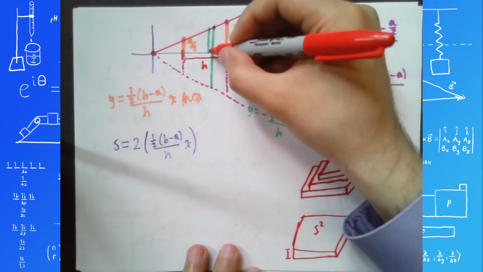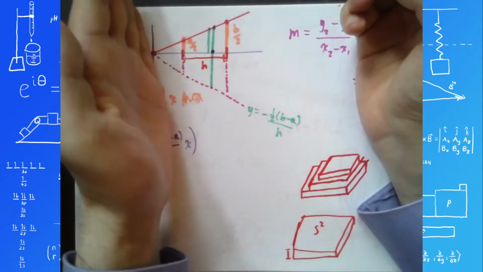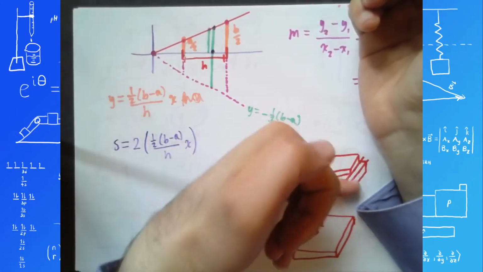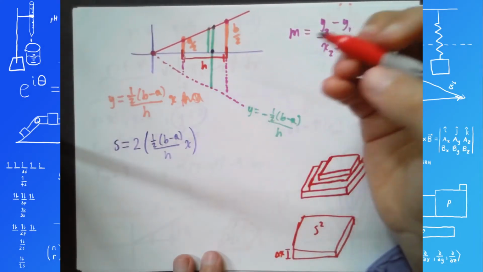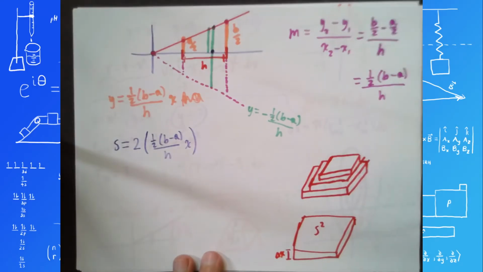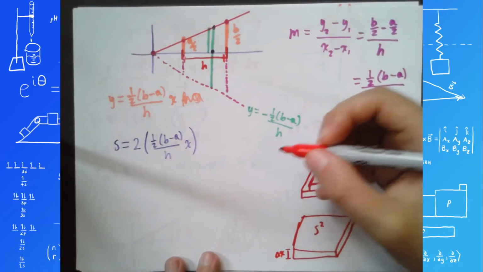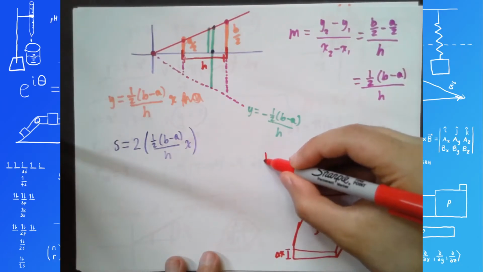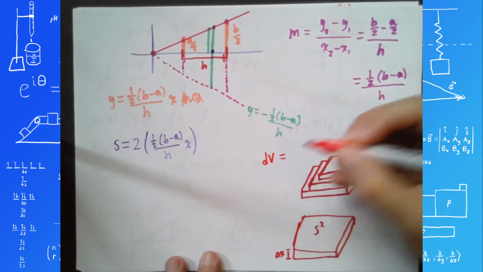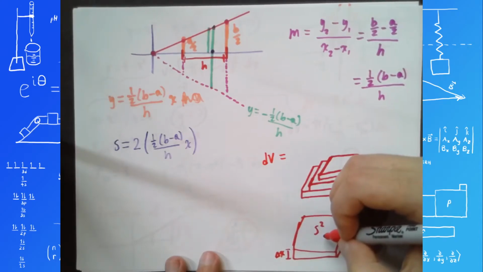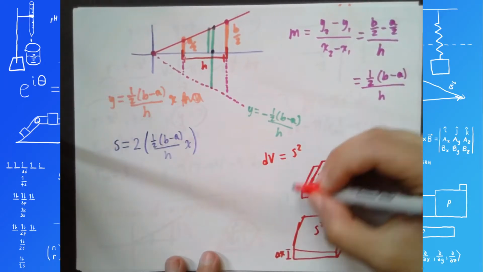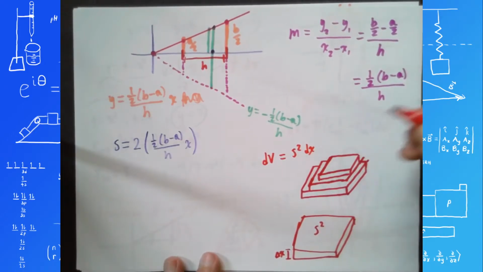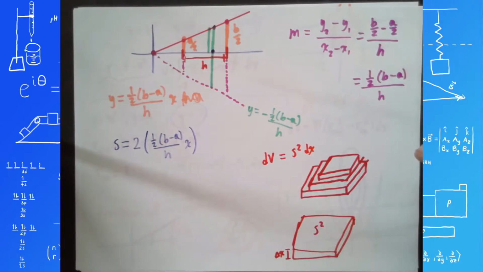Since they're stacked horizontally rather than vertically the way I've drawn them, this thickness would be a change in x, unless you make them super thin, in which case the thickness is dx. So the dV for an individual square tile is going to be S squared, the area of the base, times dx. That would give us a small slice of volume.